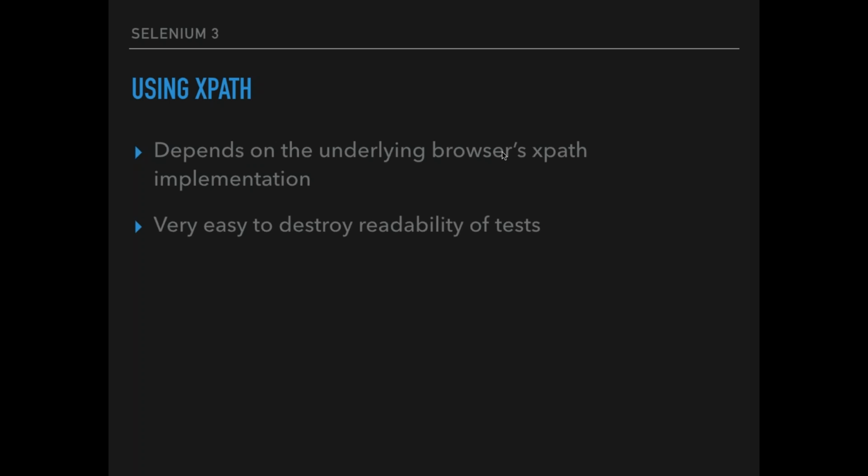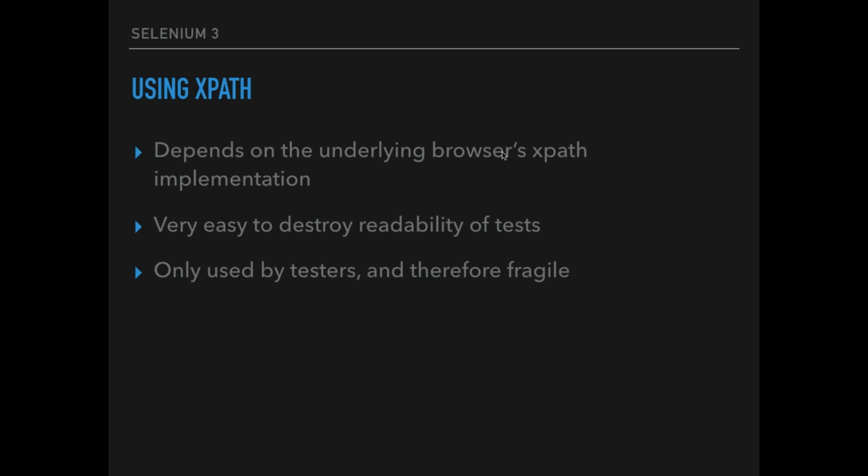Tip number 1, keep your XPath simple, also plays into maintaining the readability of your tests. Occasionally people write to the Selenium user lists or come onto the IRC channel asking for help, and they have an XPath expression which is almost impossible for a human being to read. Those XPaths destroy the readability of your tests, and worse, they're incredibly fragile.